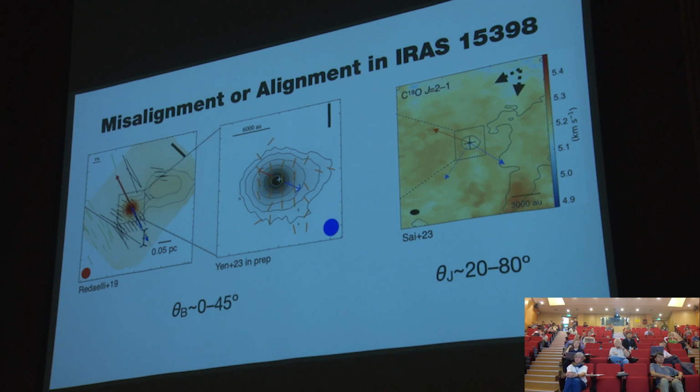And from polarization observation, we can get some idea about the position angle of the magnetic field direction. So these are the numbers inferred from this observation. Still, high misalignment like that tested in simulation could be possible in this dense core.